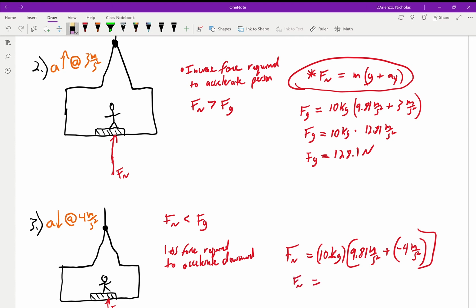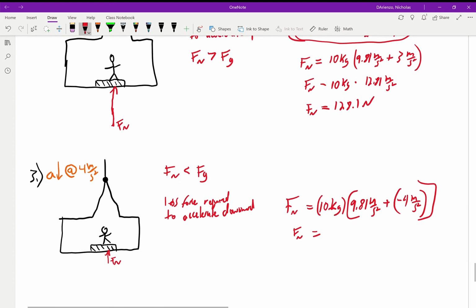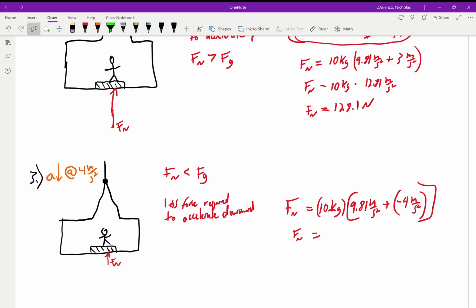This should not be Fg, this should be Fn. This becomes 10 kilograms times 5.81 meters per second squared, which gives us a normal force of 58.1 newtons.